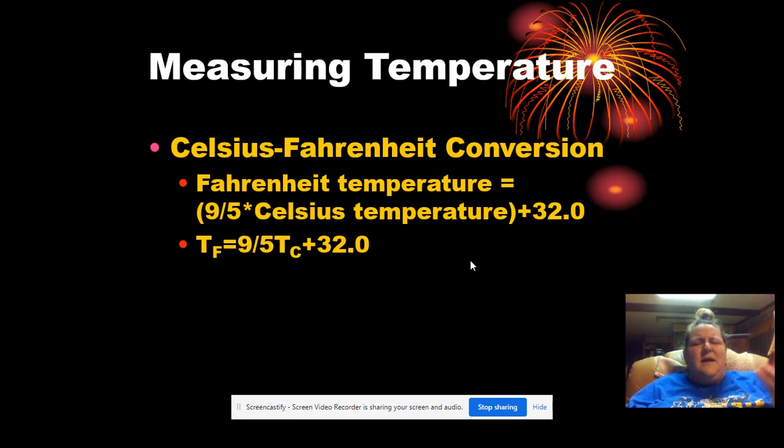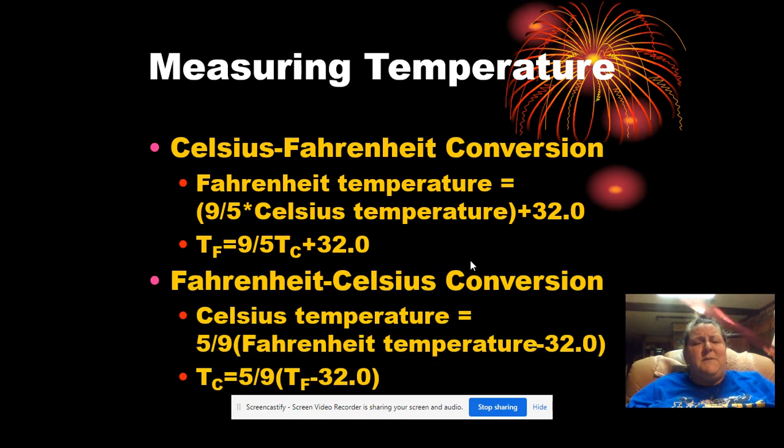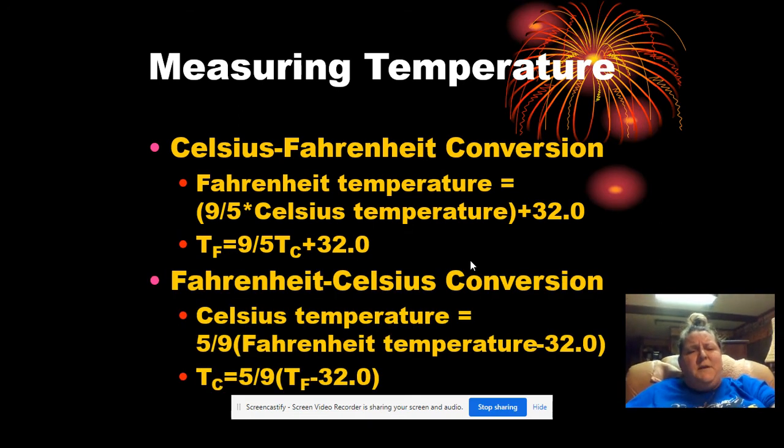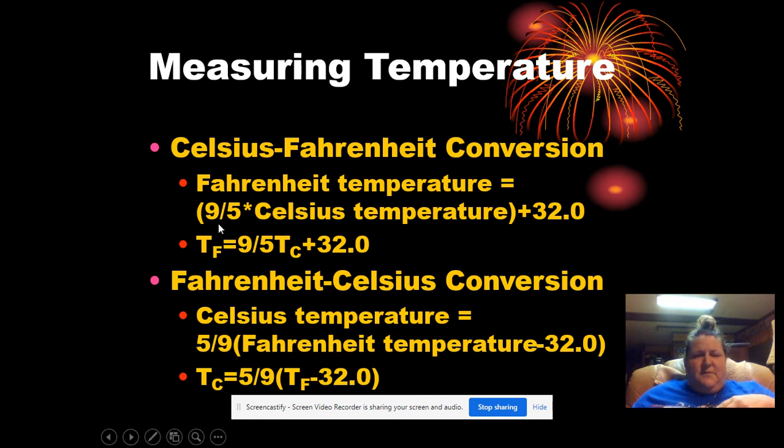And then how do you convert back and forth? You're going to be doing this tomorrow, so make sure the equations end up in your notes. To go from Celsius to Fahrenheit, you take your Celsius temperature and multiply by 9/5. You get that answer, and then you add 32.